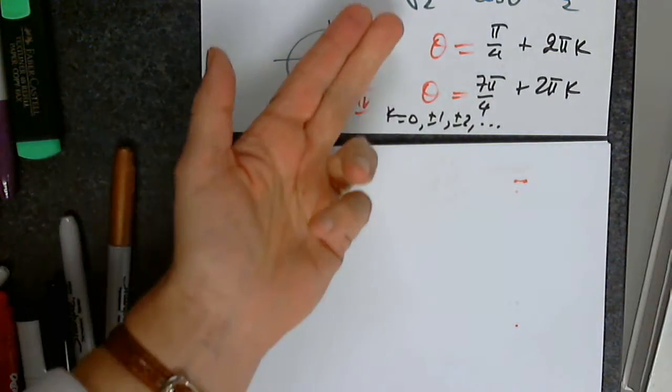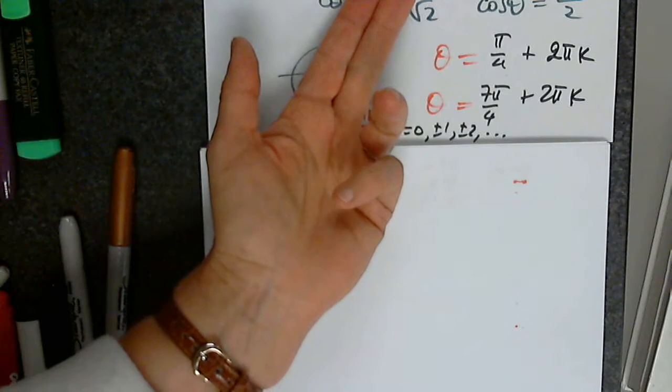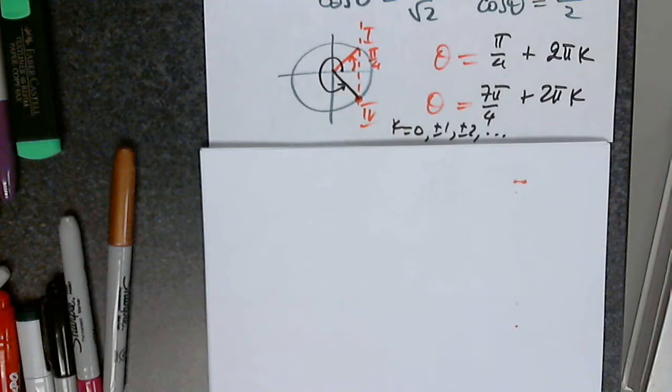In this case, I'm solving a trig equation with cosine, so I don't even have to state any restrictions. Cosine exists everywhere. But since cosine has the period 2 pi, I have to use 2 pi k. You only have to state a restriction for tangent, cotangent, secant, and cosecant. Never for sine and cosine.